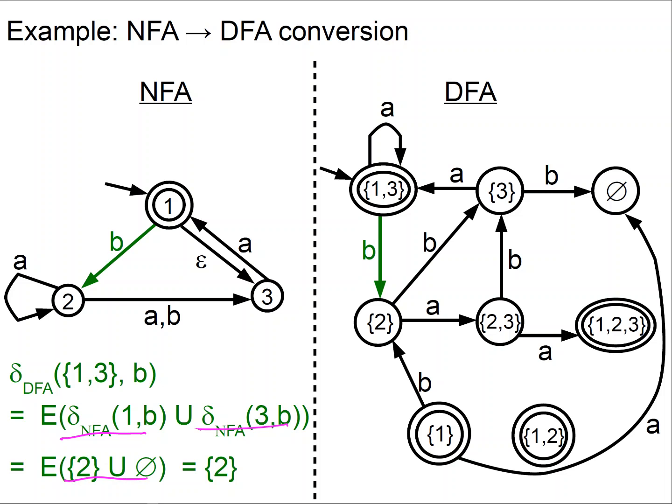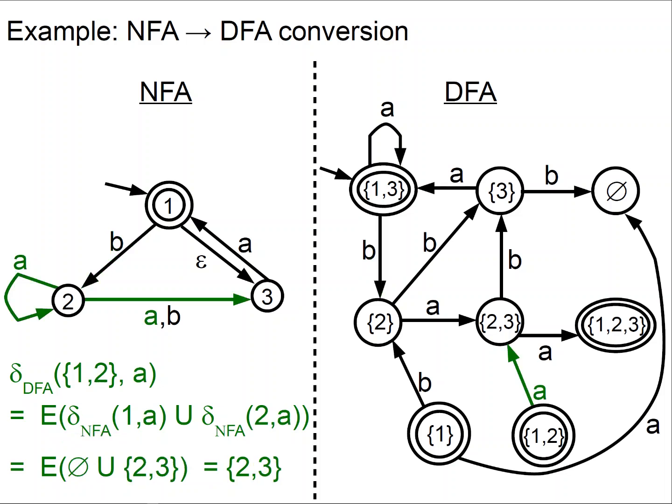The epsilon closure of that is still just {2}. From {1, 2}, reading an A, you will go to {2, 3}. With similar reasoning, reading a B, you will go to {2, 3} again. So we can put both labels on the same arrow.